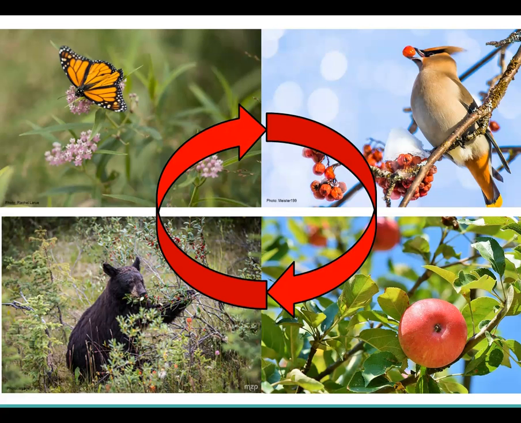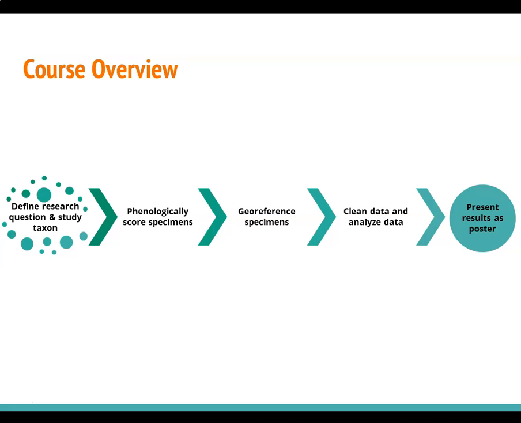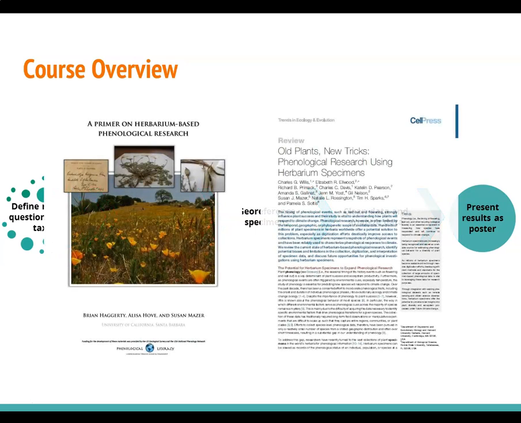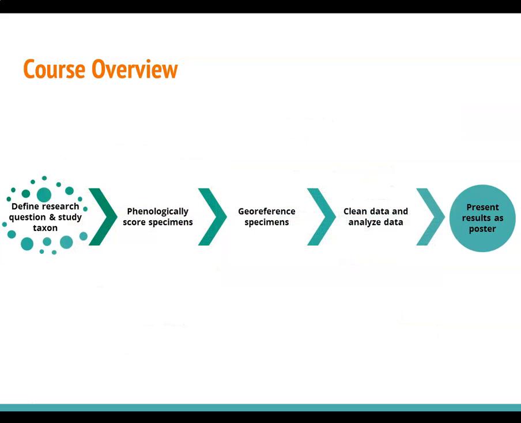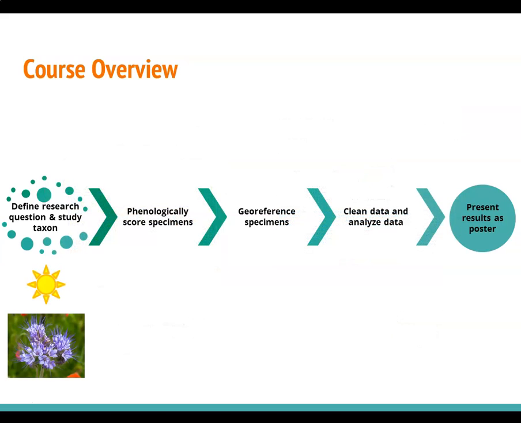interconnectedness of nature. The overall arc of this phenology research course is fairly simple. Students will gain background knowledge on phenological research using herbarium specimens from core readings, then use that knowledge to define a research question based on the effects of climate on phenological events of a study taxon of their choice.